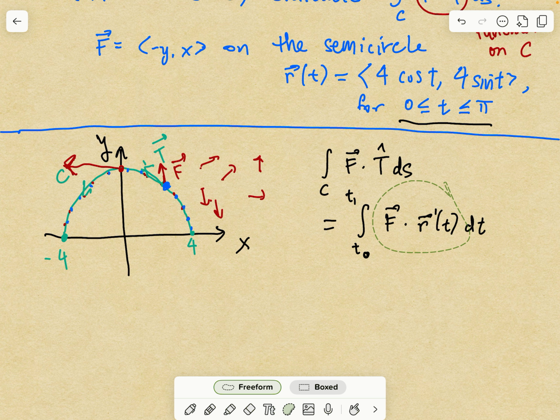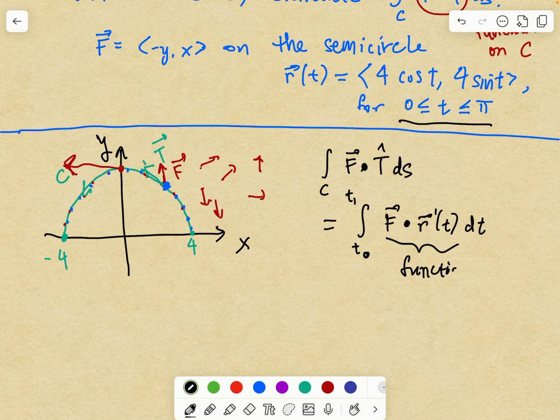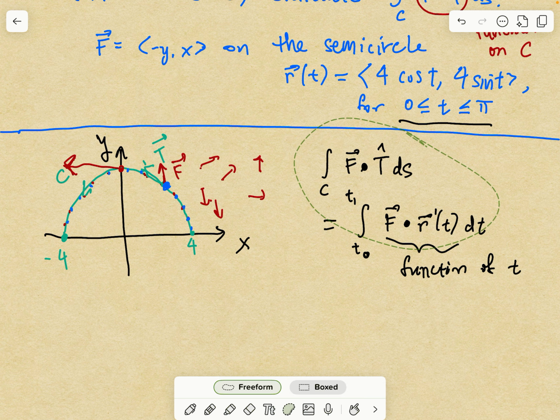So you write F in terms of t, you figure out r prime of t, you take the dot product, and then this is a function of t. And then you calculate the integral. So you may want to review why these two are the same.